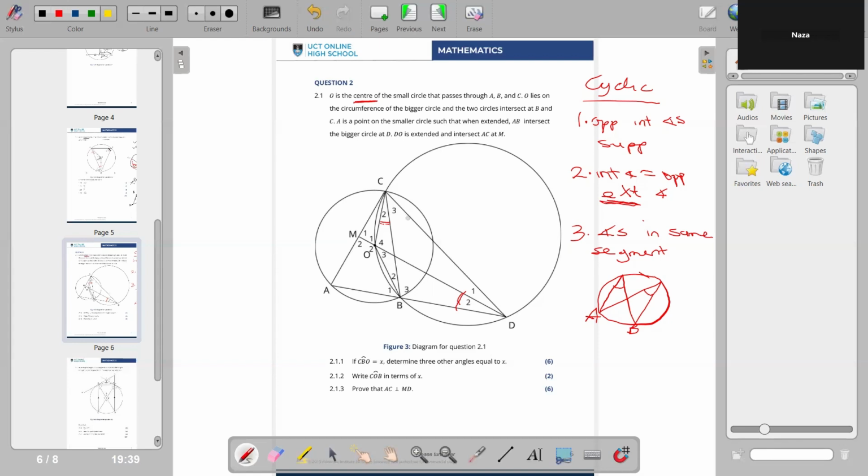So you are saying this angle is equal to angle O3. Okay, what's the reason for that?